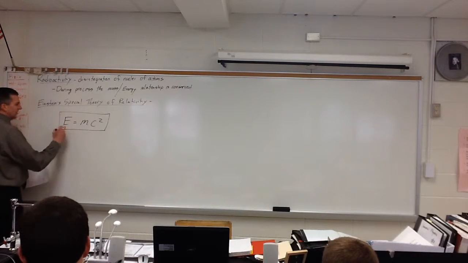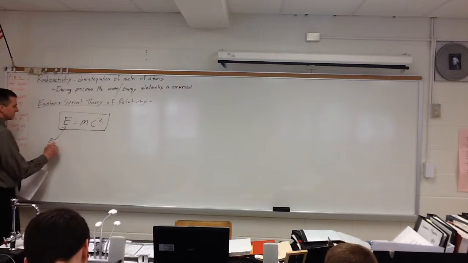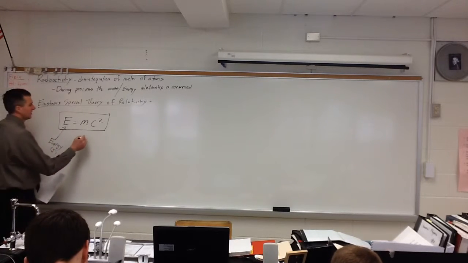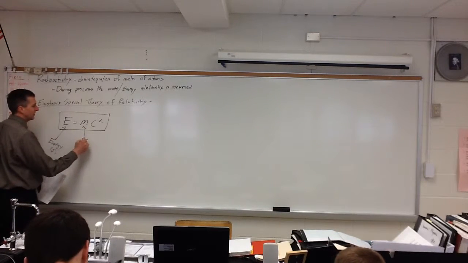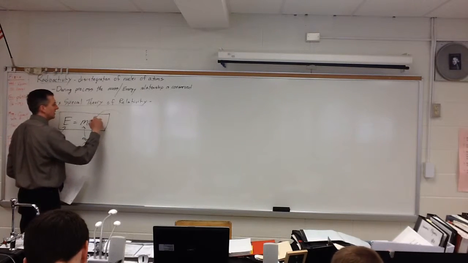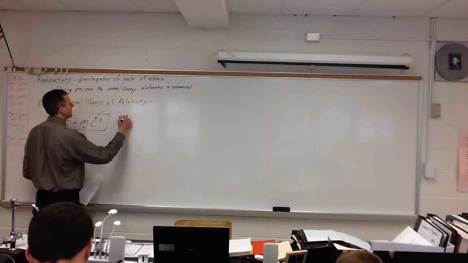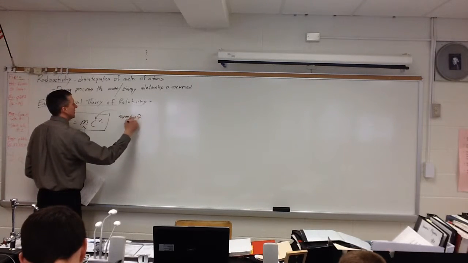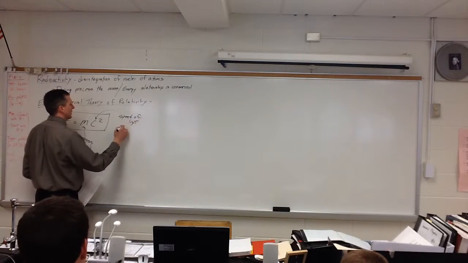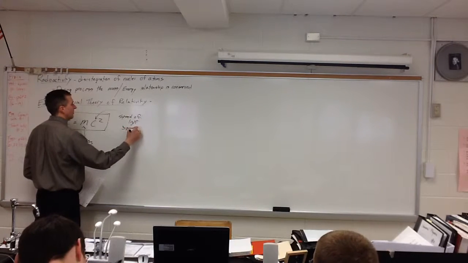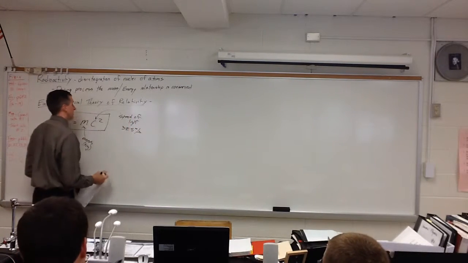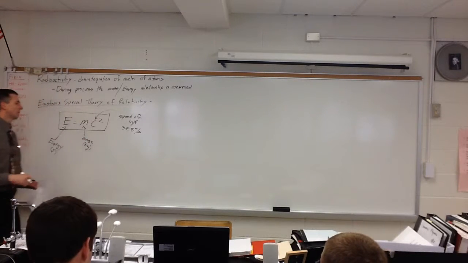It basically just says that energy, which of course is in joules, is equal to mass, which of course is in kilograms, times the speed of light squared. And if you forget the speed of light at this point, I feel bad for you, but it's 3e8 meters per second, and you're going to square it and plug it right in there.